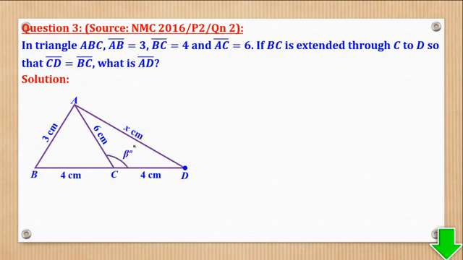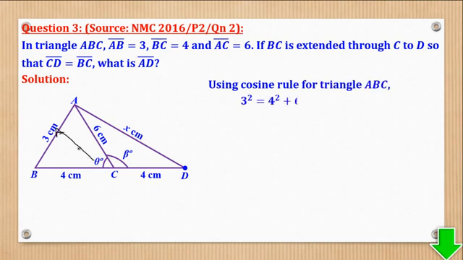And that distance, let's call it x. Let's put this angle beta, which will help us get the value of x using cosine rule. But you can't get beta without getting theta. That's why I also put here theta. So let's start with theta. Using cosine rule, theta corresponds to 3. So we shall start with 3 squared equal to these other two sides, this squared plus this squared, minus 2 times 4 times 6 times cos theta.